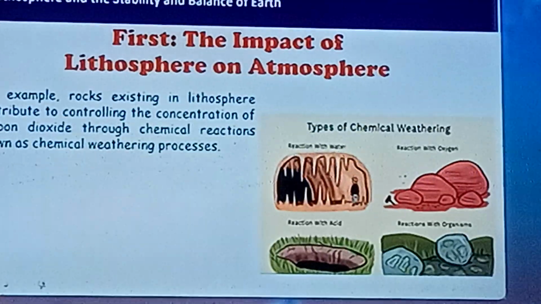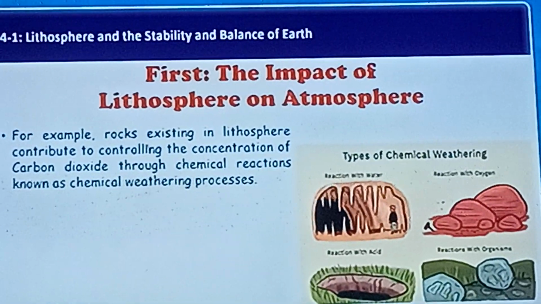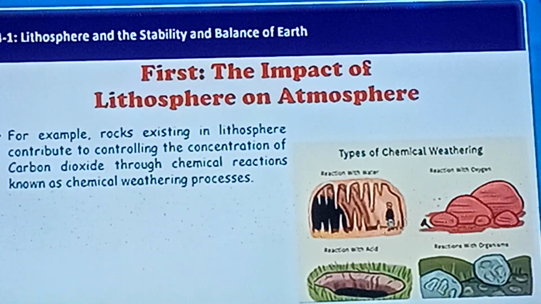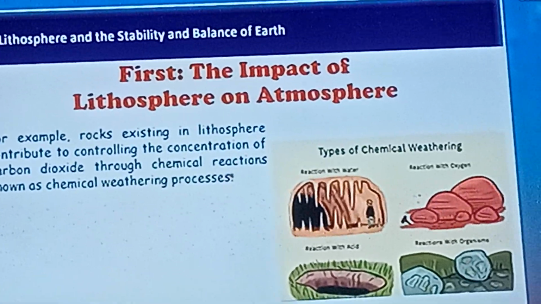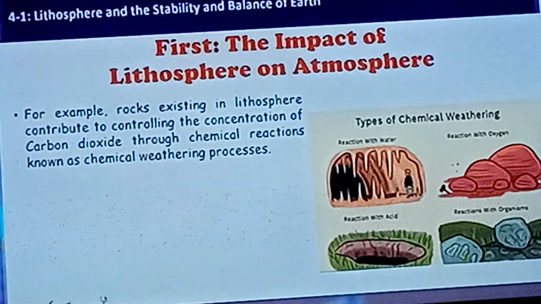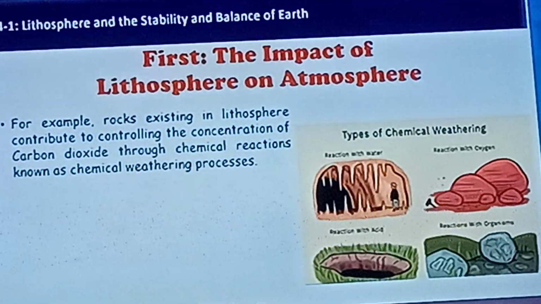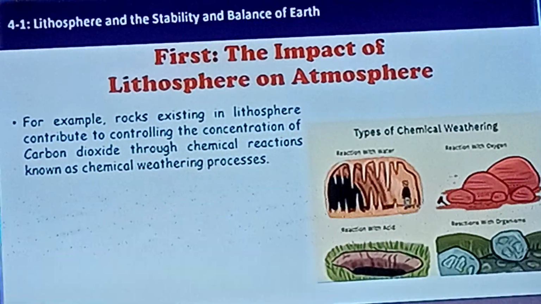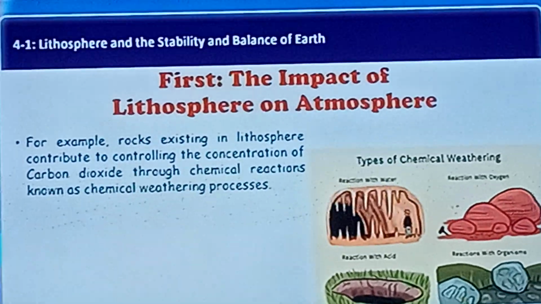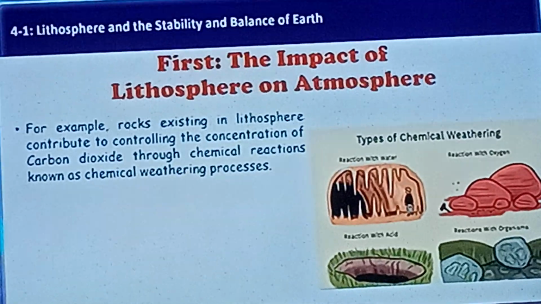So that, for example, rocks existing in lithosphere contribute to controlling the concentration of carbon dioxide through chemical reaction known as chemical weathering process. Look here, reaction with water, and here reaction with acid, here reaction with oxygen, and here reaction with organism.